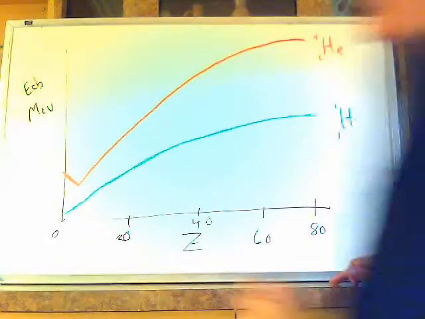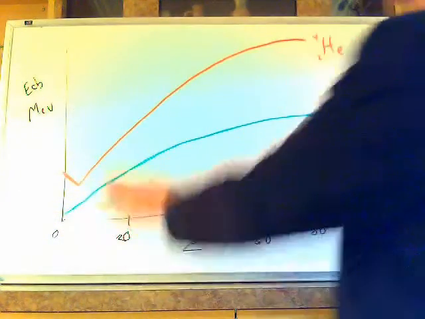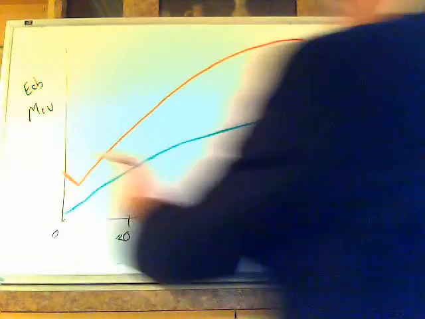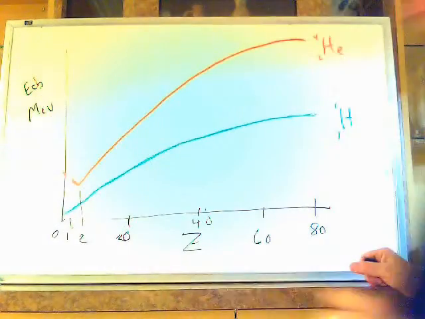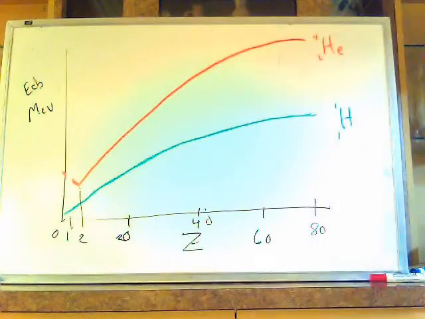We don't, of course, have 0, and I can't really tell, either from the way I've drawn it or the way it is in the book, what Z number corresponds to this point. This doesn't go all the way to 0. Let's assume maybe this is 1 right here, and maybe this is 2. I'm not really sure exactly where this occurs, but it's kind of interesting that we have this little inflection here.